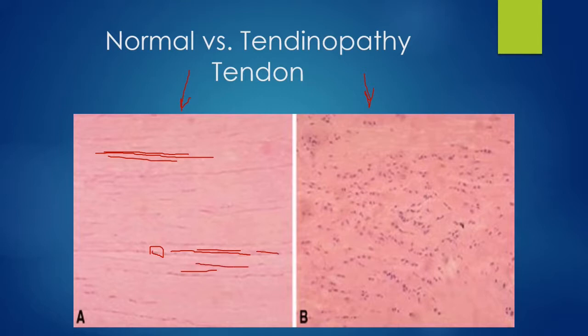Whereas in degenerative tendinopathy, the tenocyte nuclei become more circular, more rounded, more disorganized, not in any particular orientation or organization. And the collagen fibers are disorganized, are wavy, and are non-parallel.